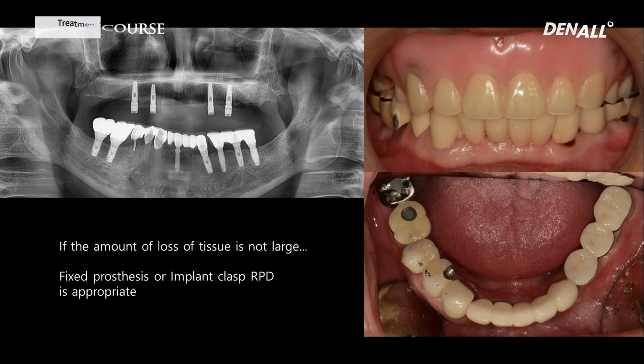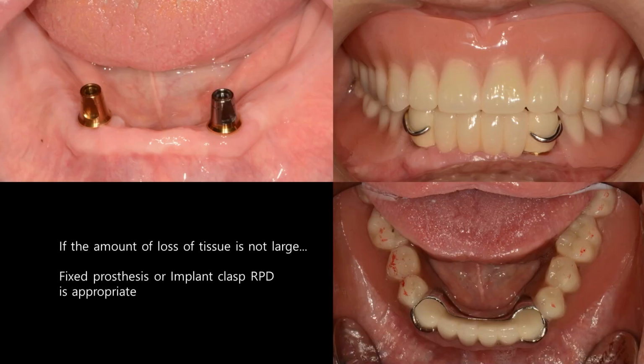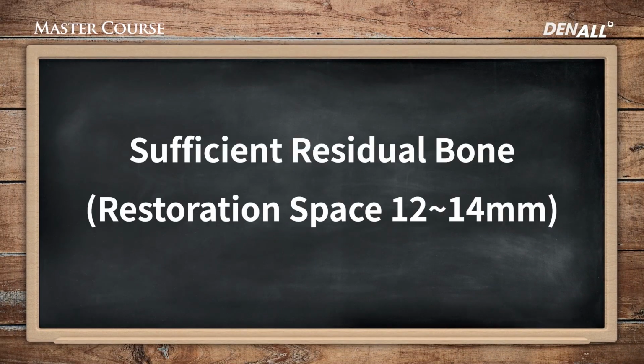Also, if restoration is done due to economic consideration, then implant plus RPD, I believe, is the better option over overdenture. As you can see in this case, if the tissue loss is not large, implant plus RPD could be the better option when you consider economic viability.